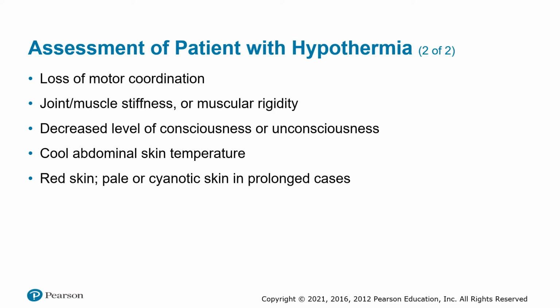They're going to have a loss of motor function, some joint and muscle stiffness or muscle rigidity, decreased level of consciousness or unconsciousness, cool abdominal skin temp, and red skin, pale or cyanotic skin in prolonged cases.